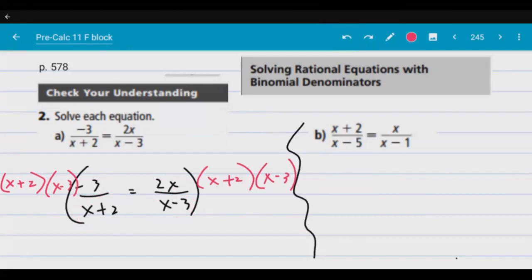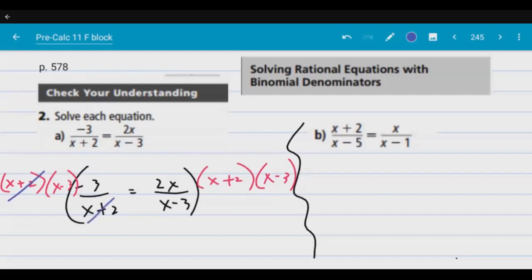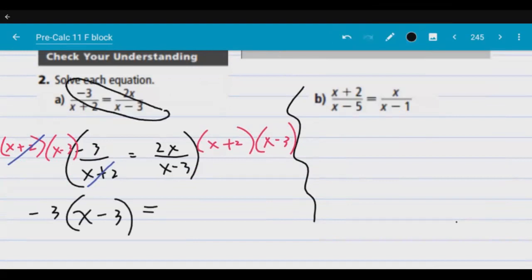Now, guys, if I multiply these two binomials by this, the x plus 2 would cancel out with this one, isn't it? So really what I'm going to have on the left side of the equal sign is just this negative 3 times this x minus 3, which to some of you would be to just multiply these two. I know what you're saying. Some of you might be like, oh, it's a lot simpler to do the cross multiplication.